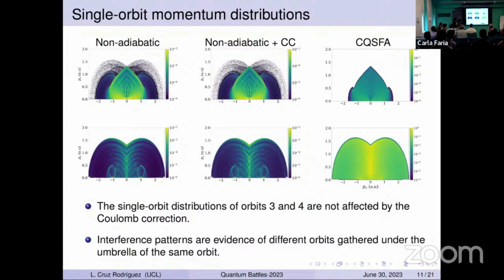And we get some interference within the same orbits, like in orbit 3 and 4, you can see that there is contribution from different types of orbits that we still classify as 3 and 4. And this is telling us that the restrictions we put on the orbits from the standard CQSFA maybe are too much, and we need something more flexible because we are missing part of the physics.